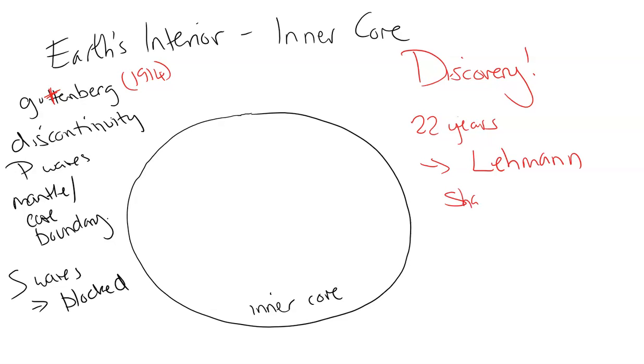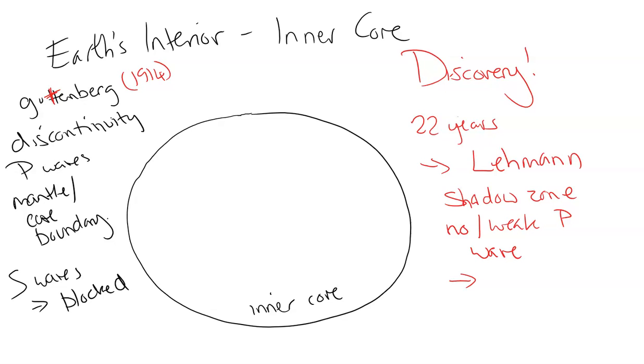So in this shadow zone, where there is no or very weak P wave movement, Lehman figured out that there would be more shadow zone if the whole core was indeed liquid, like Gutenberg had discussed.